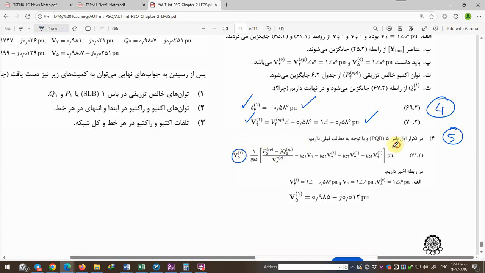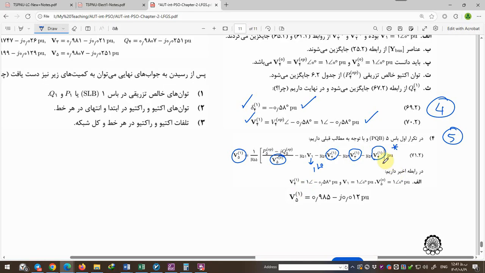The famous equation for finding voltage is here, but in this equation for v5 we have to use the initial value, but v1 is 1 with 0 angle. For v2 we have update form of v2, update form of v3, update form of v4.